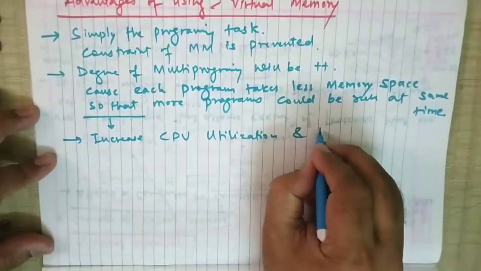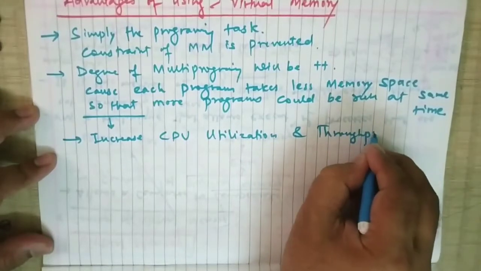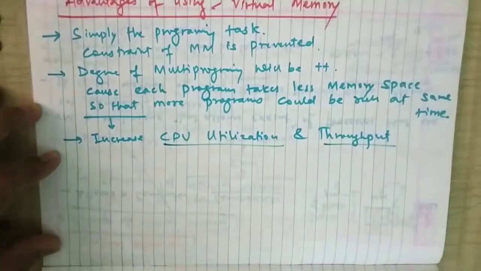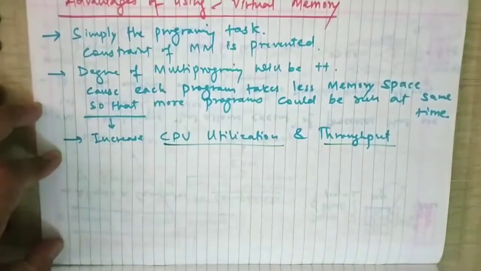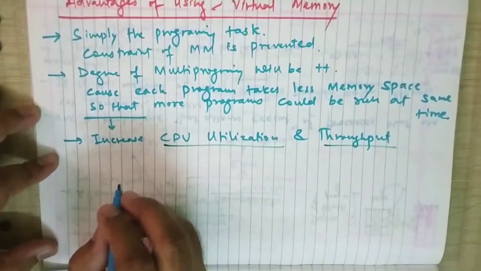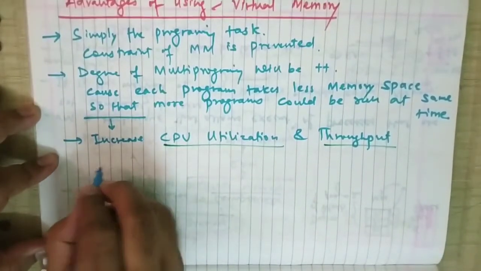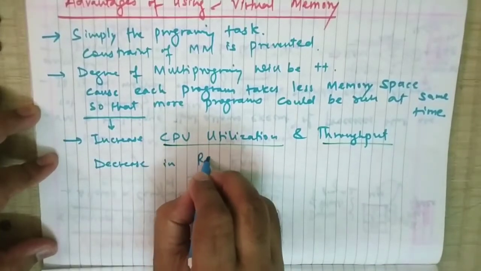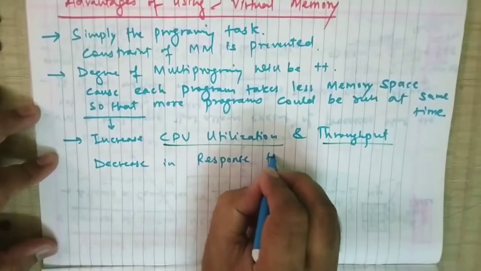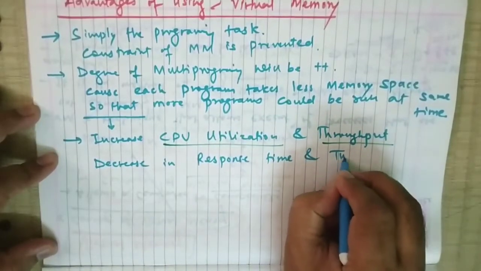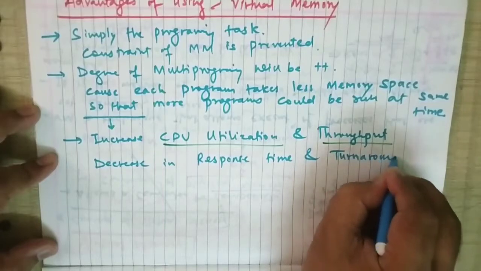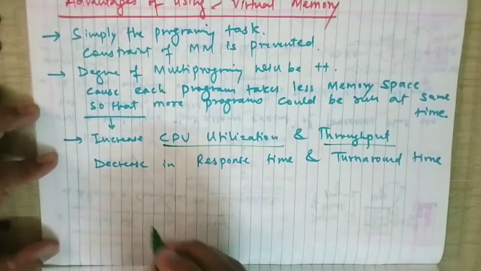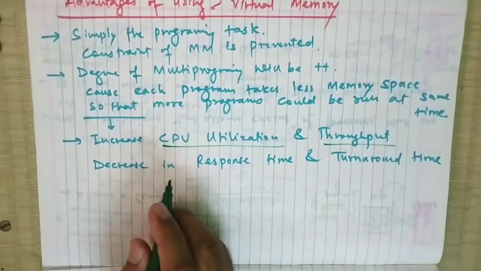It will increase the CPU utilization and throughput, but the response time and turnaround time will be decreased. So these things you need to consider when we are using the virtual memory concept.